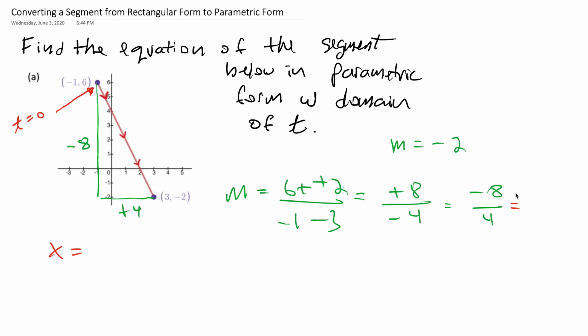So this becomes -2 over 1. Which just means that instead of going down 8 over 4, you can just go down 2 and over 1, right? -2 and then +1.